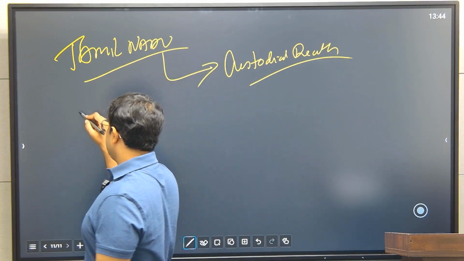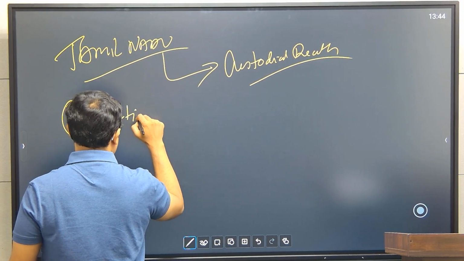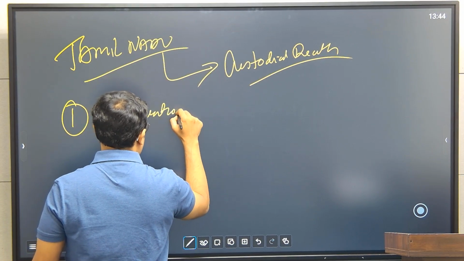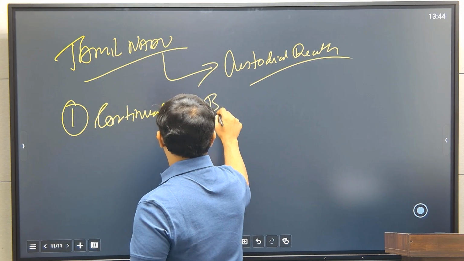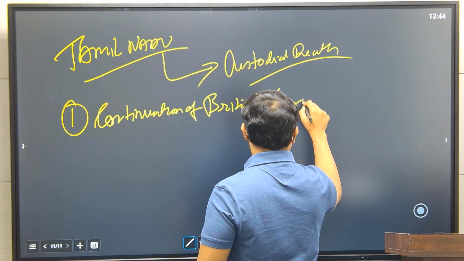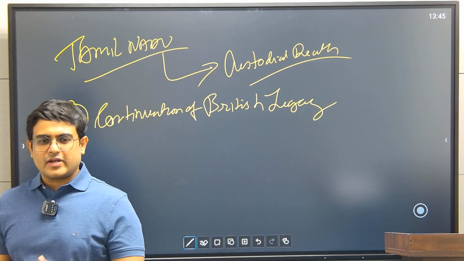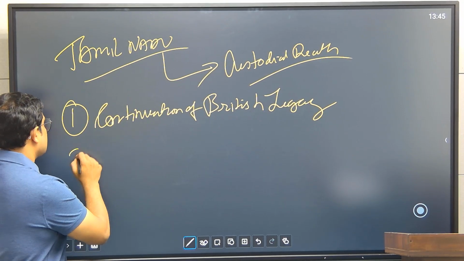So yes, firstly, continuation of British legacy. Obviously, it's mentioned in the syllabus. Failure of administrative reforms.